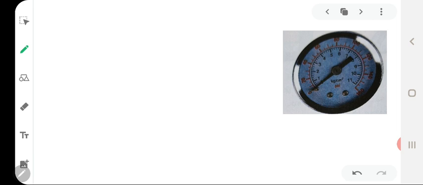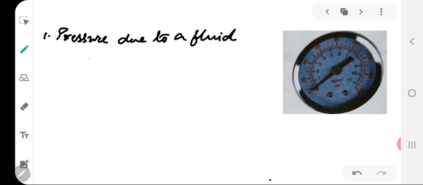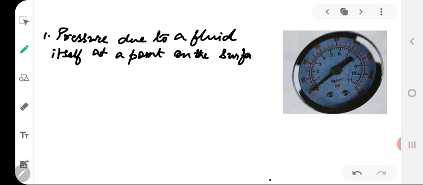Now there are a couple of points regarding which it will become easy for us to understand what is liquid pressure, rather what is fluid pressure. So, pressure due to a fluid itself at a point on the surface is nil.